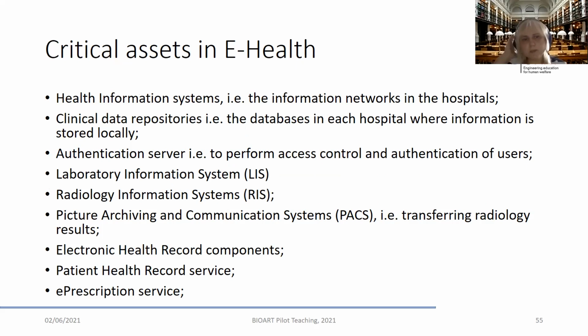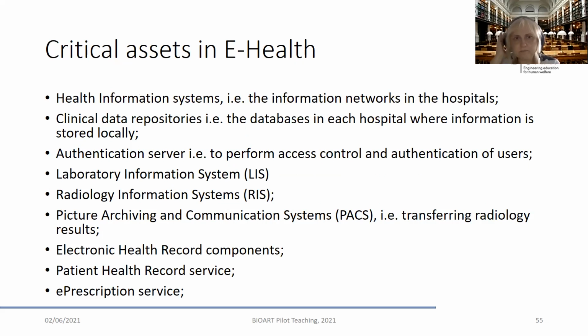From the point of view of a European organization for reliability and systems, they made a survey and selected the main critical assets for health, which are now depicted on the slides.